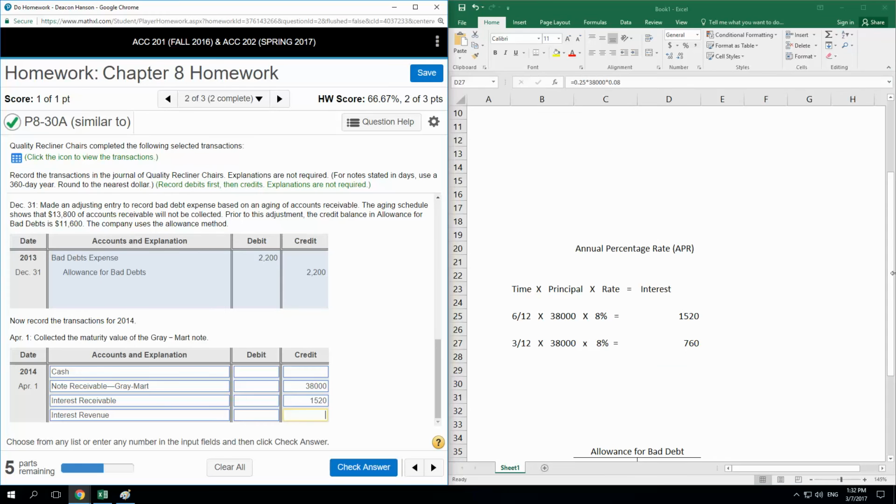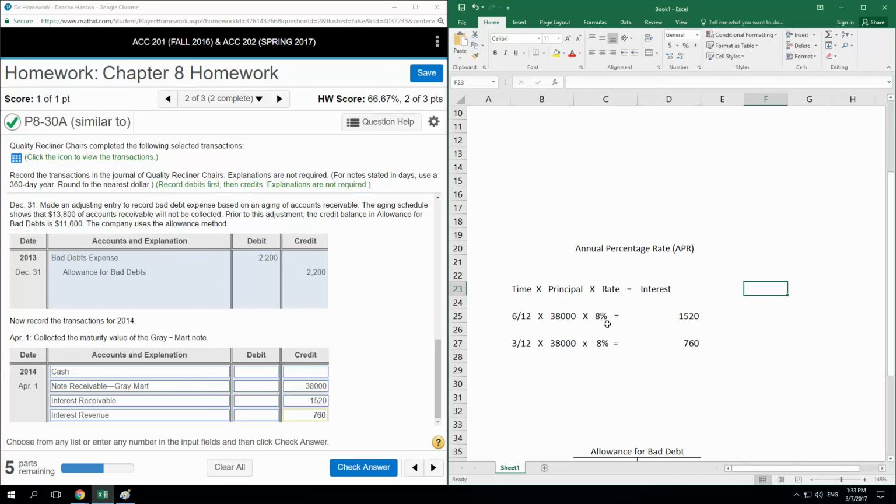Now there's an easier way to do it, right? I know some of you are sharp math people beyond any math I ever have taken, but I'll show you a real quick way. You could have just computed the total interest on the whole note, right?